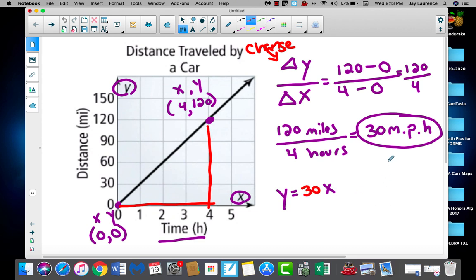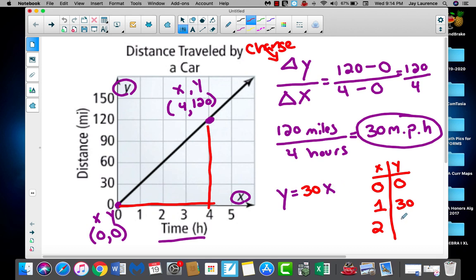Now, I can make a table out of this. The chart's going to match up, but watch this. If I drive for 0 hours, if I put 0 in for x, 30 times 0 is 0. If I drive for 1 hour, well, 30 times 1 is 30. If I drive for 2 hours, it's going to be 30 times 2.